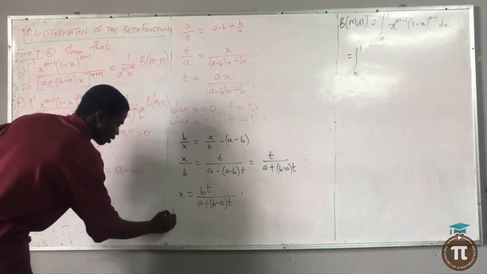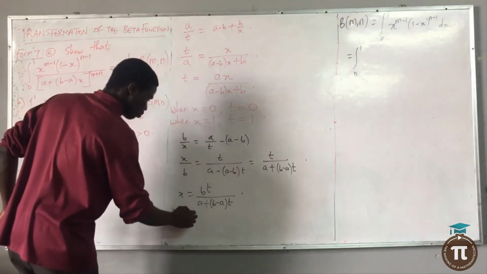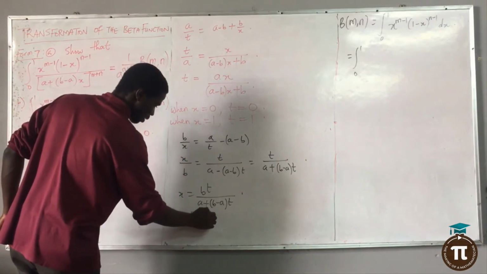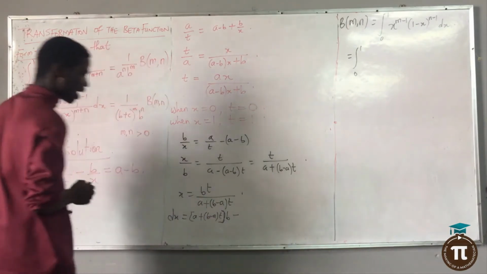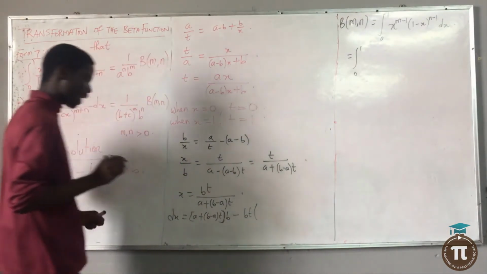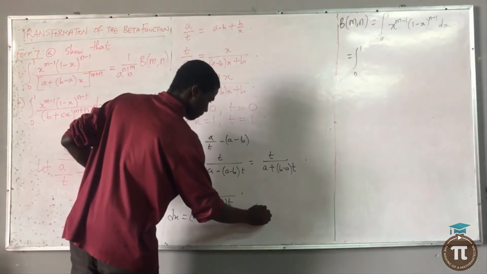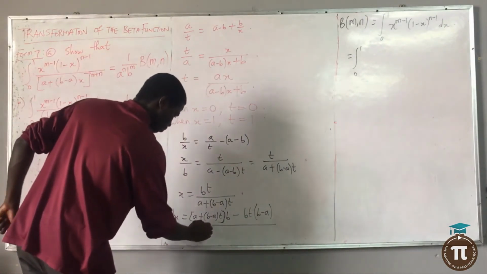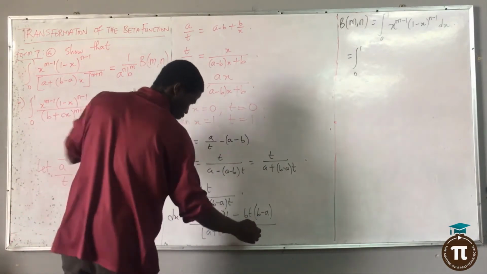So here ds will be equal to, using the quotient rule, a plus b minus at multiplied by b, minus bt multiplied by b minus a, and that's what I will have all over a plus b minus at all squared dt.